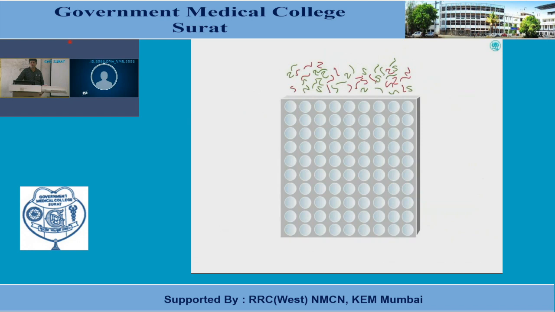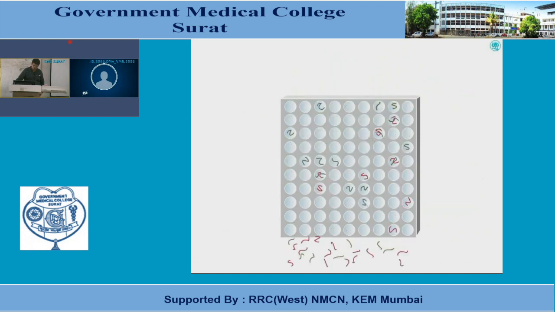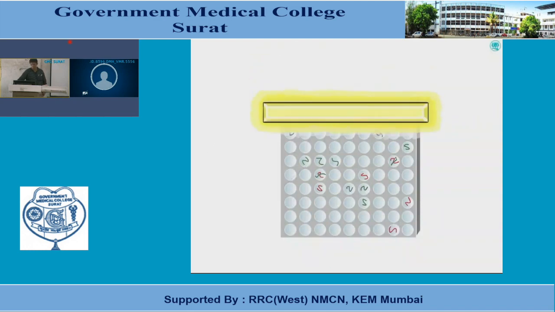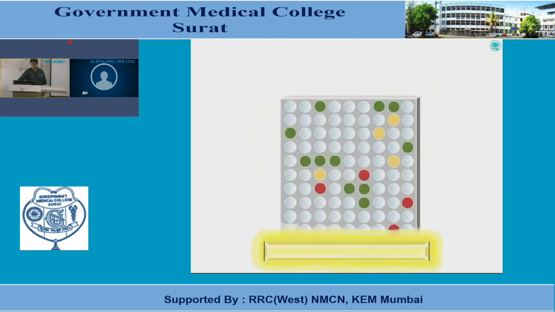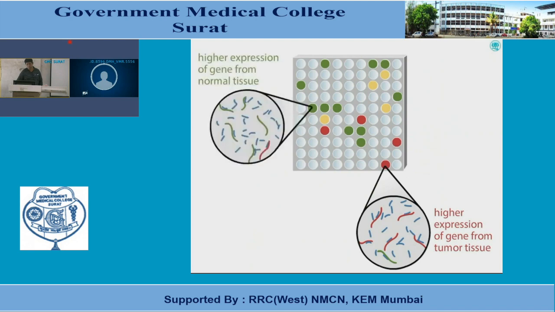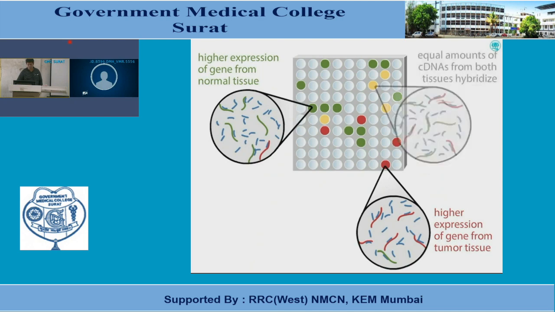The normal tissue and the diseased tissue. Now the probe will attach to the cDNA. Now this is the color with the fluorescence. If there is a red color, it means higher expression of tumor genes. If the normal tissue has higher expression, then it is a green color. Equal amount gives a yellow color.